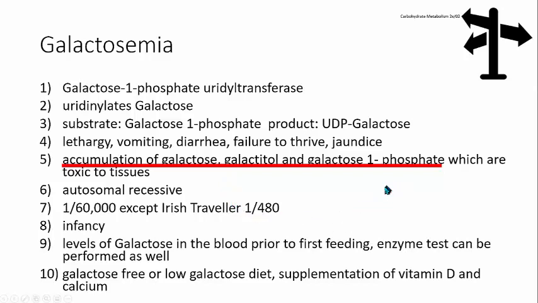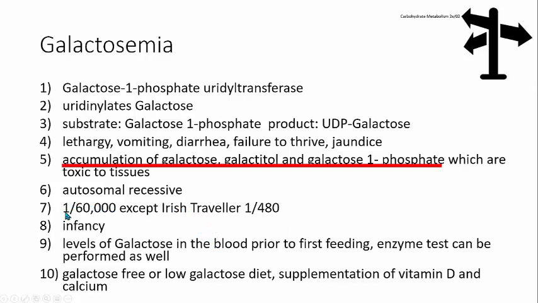We typically see the abundance of the galactose, galactitol, and galactose 1-phosphate relatively early in early childhood, typically right after the first feeding. We see levels of galactose in the blood prior to the first feeding, and we will also see it anytime the child has gone through certain kinds of fasting events.